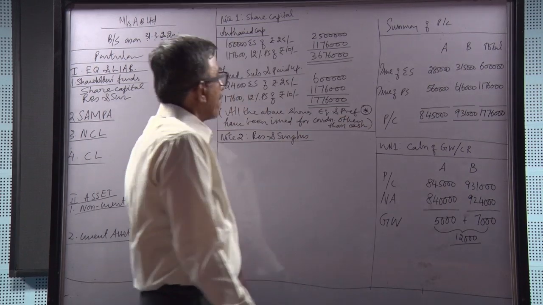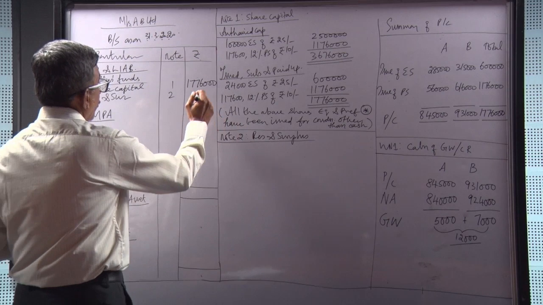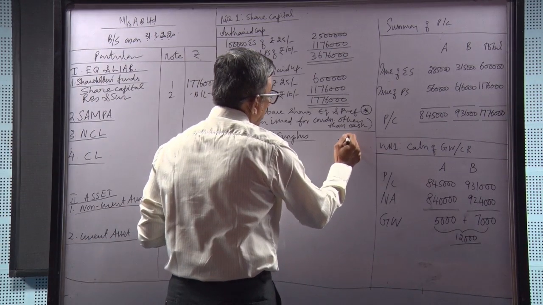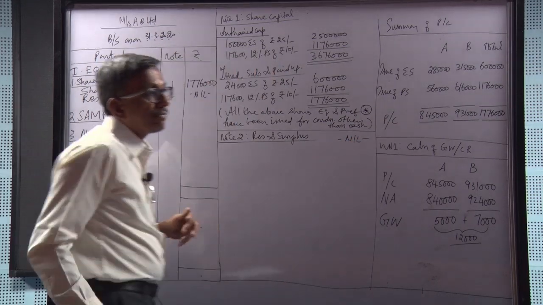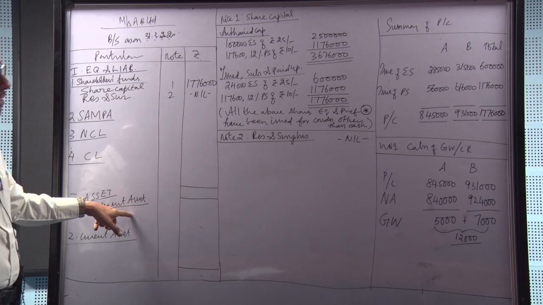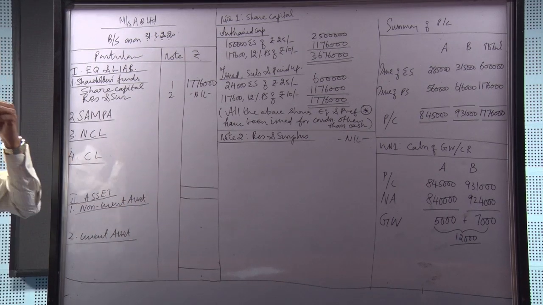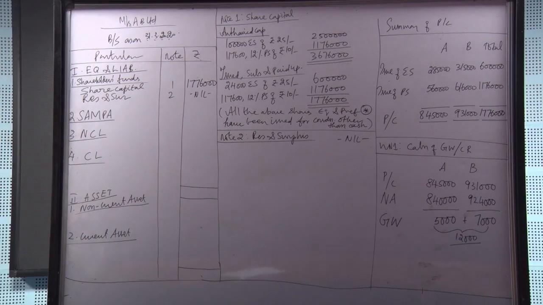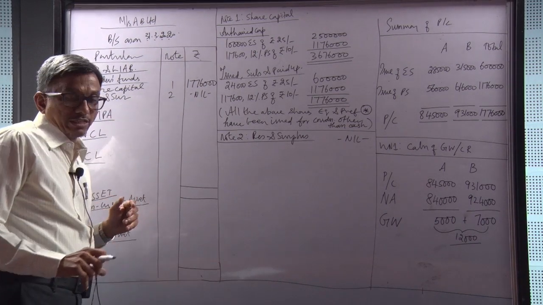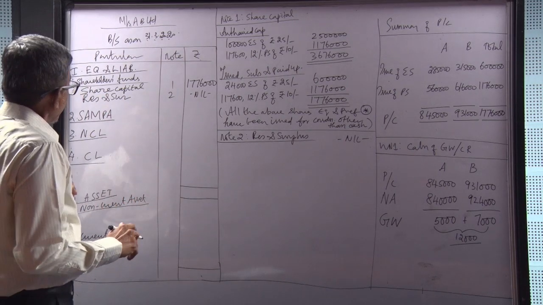That means no capital reserve at all. So you have to put it as nil. Reserves and surplus is nil. But this 12,000 will appear in the intangible assets section of the balance sheet. But don't put it now itself because there may be some more adjustments for that. We will do that later.